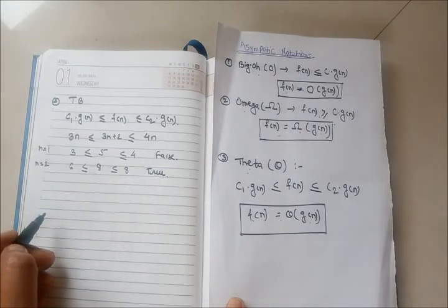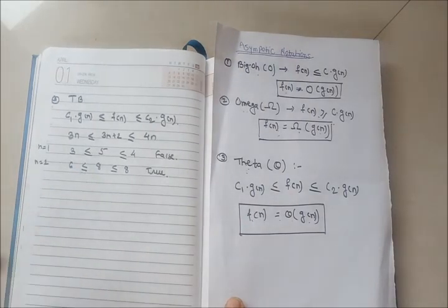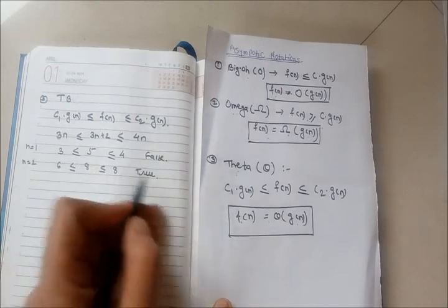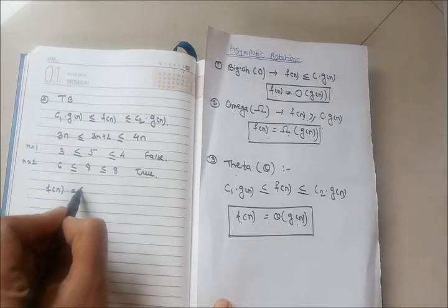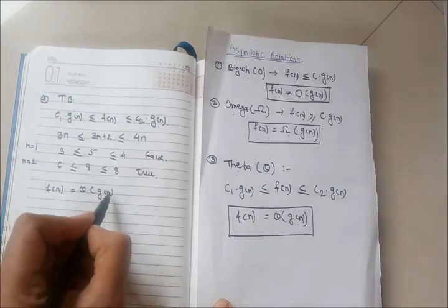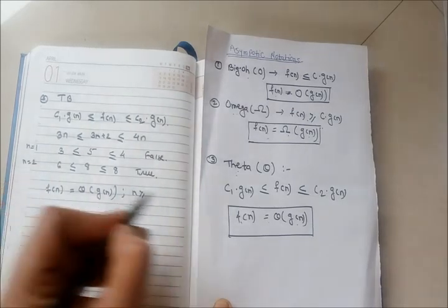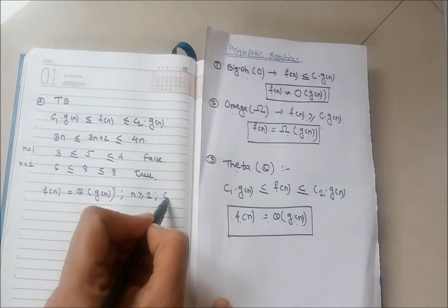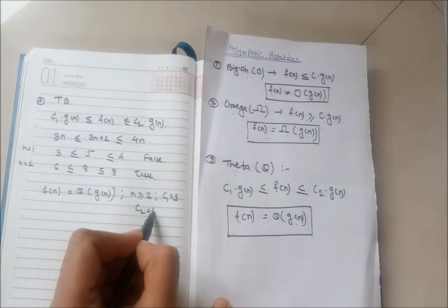So here, what is the solution for this numerical? You will get f of n is equal to theta of g of n for n greater than or equal to 2, the breakpoint here, with c1 equal to 3 and c2 equal to 4.